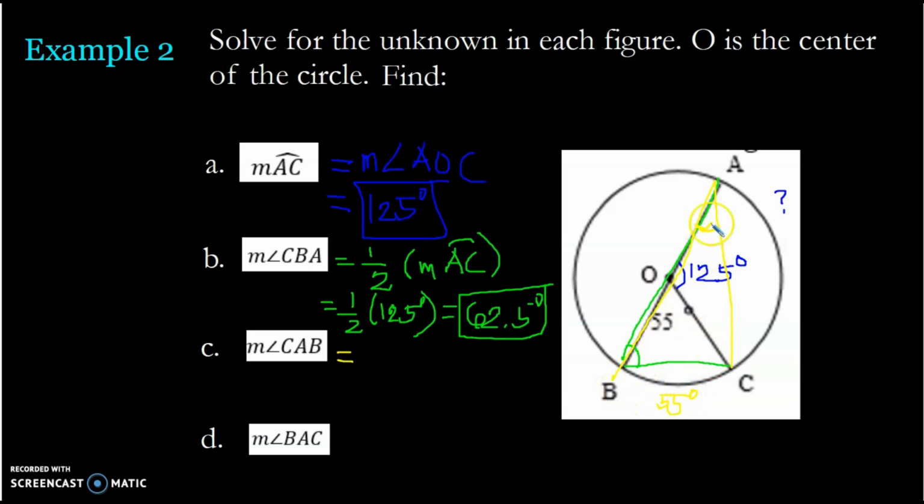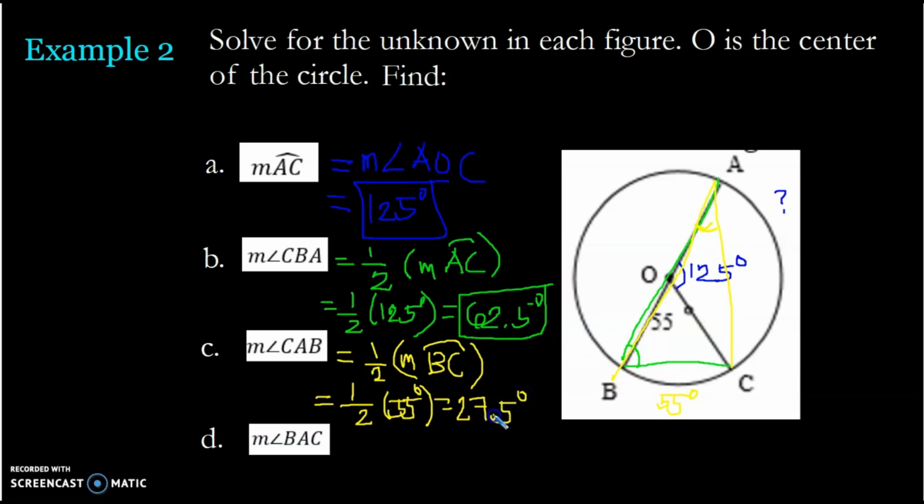Diba? But BAC or CAB is an inscribed angle, which is kalahati ng intercepted arc BC. So, kalahati ng arc BC, ang BC ay 55. Kalahati nun is 27.5 degrees.